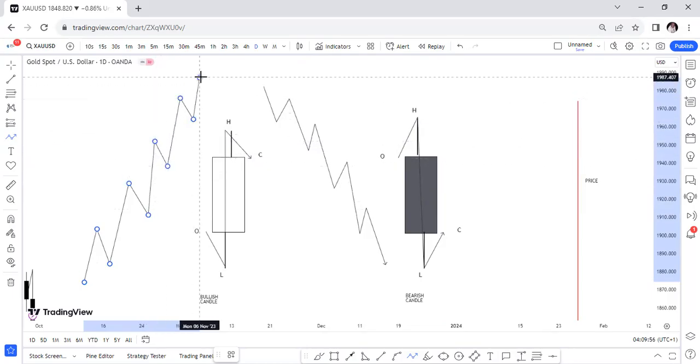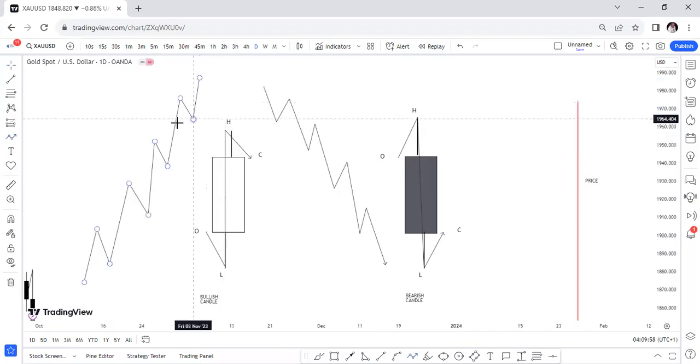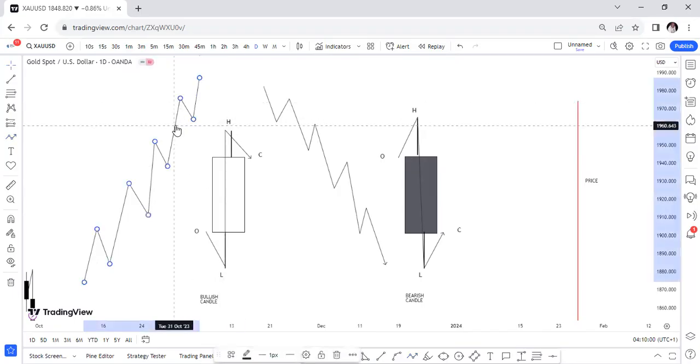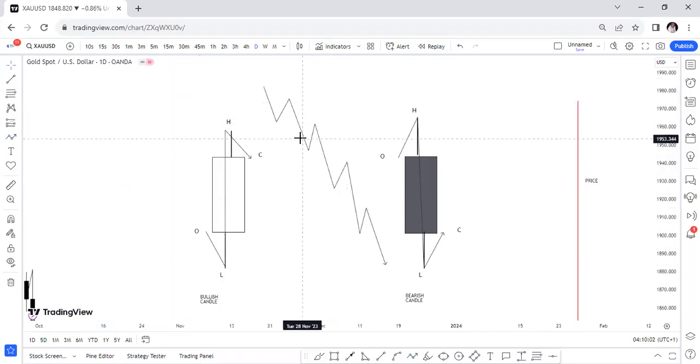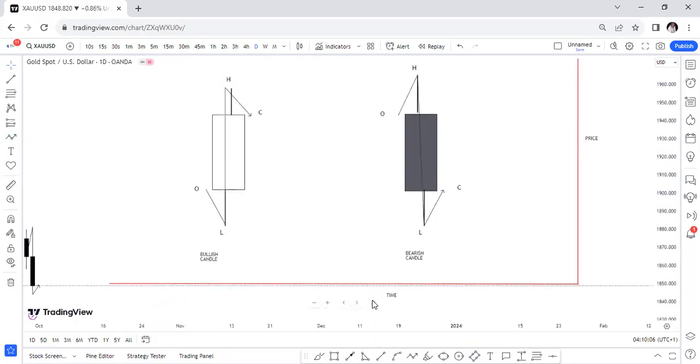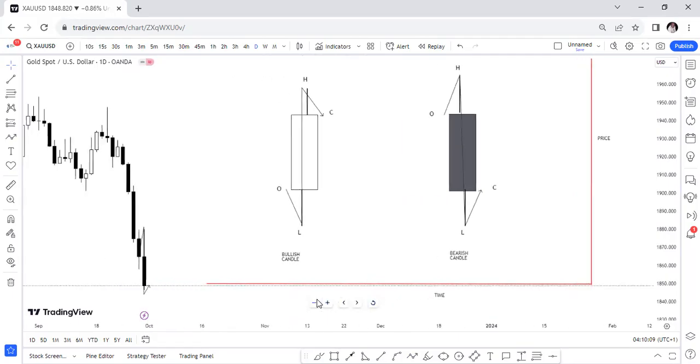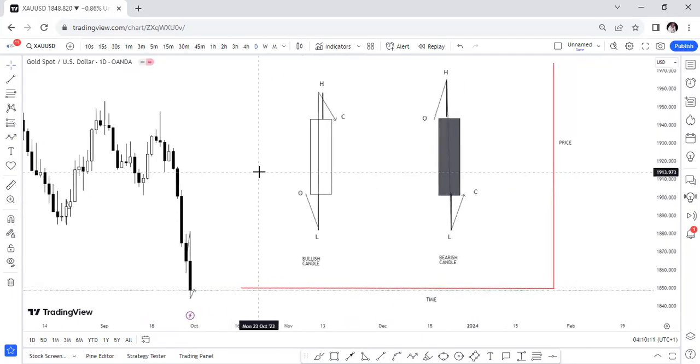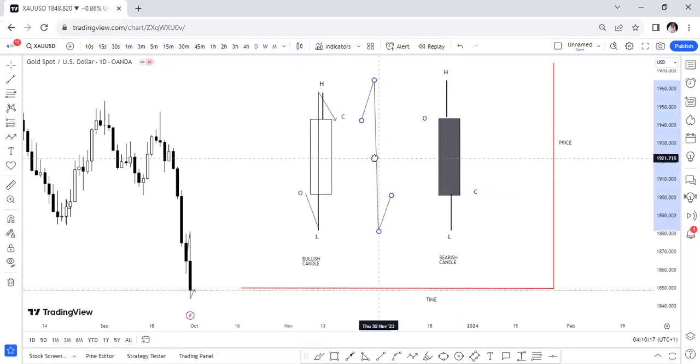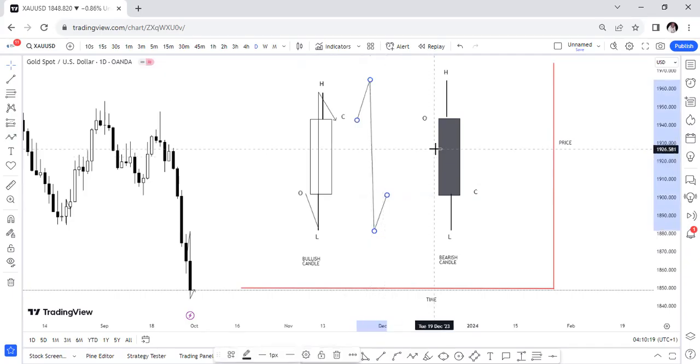That's for a bullish market. I hope you are getting clearer and clearer with that knowledge. So now, bringing this candlestick together, we have this, right?